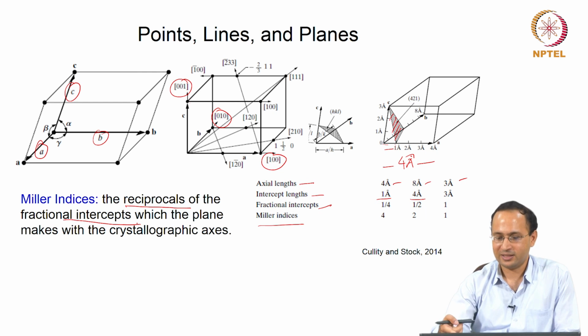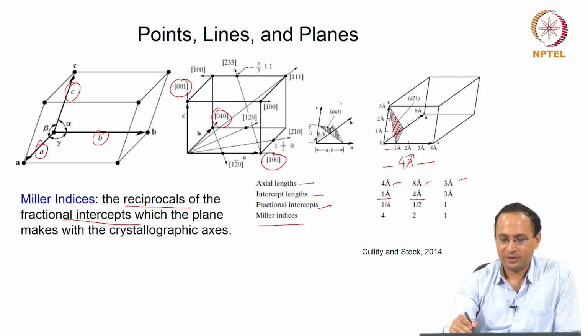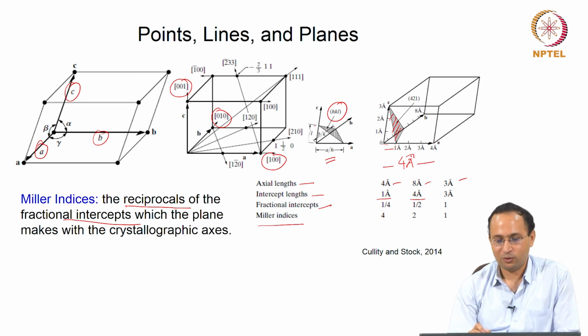So, in this case, this plane will be 4 2 1. Okay. So, any plane with these indices HKL will have A over H intercept with A, B over K with B, and C over L with C.